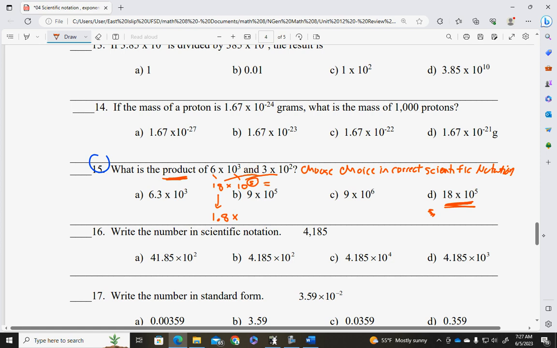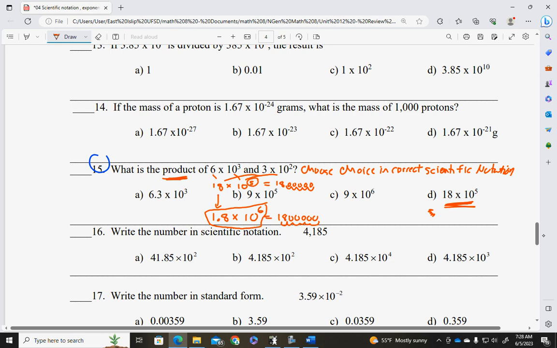In this original number, I was moving the decimal 5 places to the right. So starting from here, going 1, 2, 3, 4, 5, makes me write this number. Well, if I need this to also be that same number, but I'm going to start counting from here instead, now I'm counting 1, 2, 3, 4, 5, 6 places. The choice that I wish was here was 1.8 times 10 to the 6th.